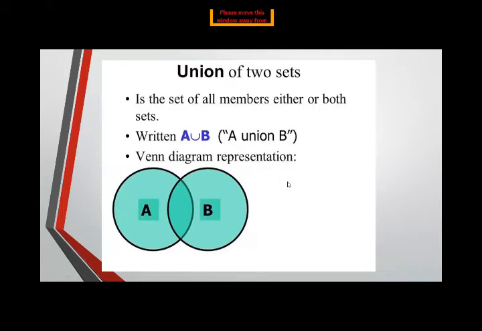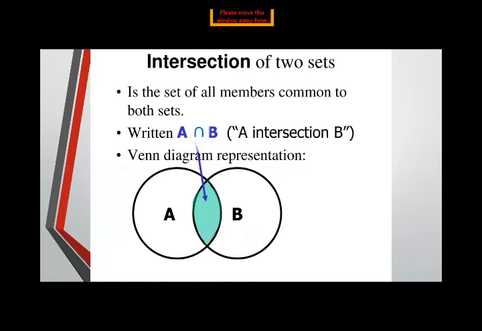Now, students, here is the intersection of two sets. The intersection of two sets is the set of all members common to both sets. I repeat it, students. The intersection of two sets is the set of all members common to both sets.